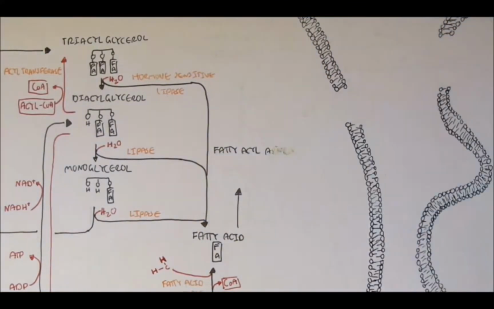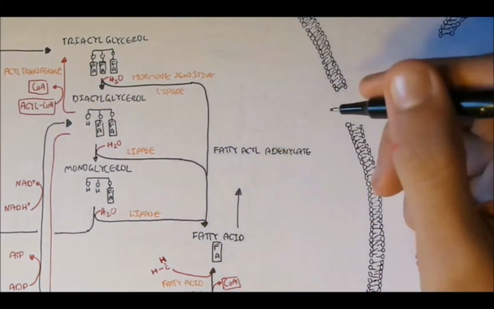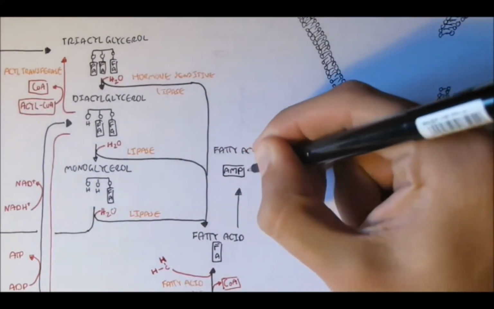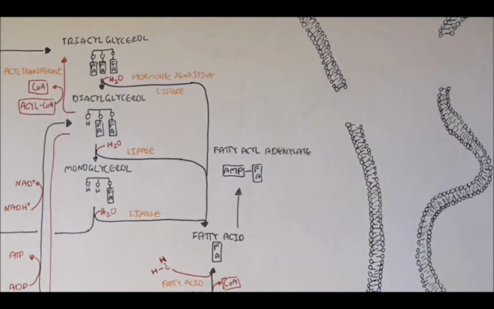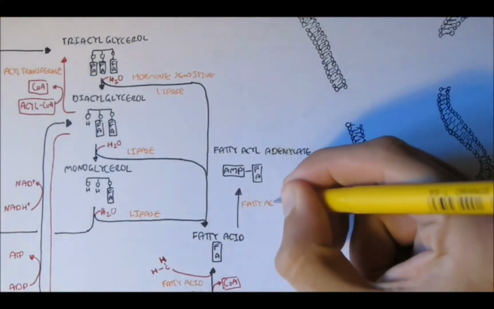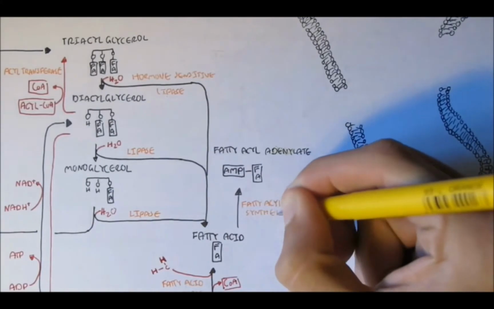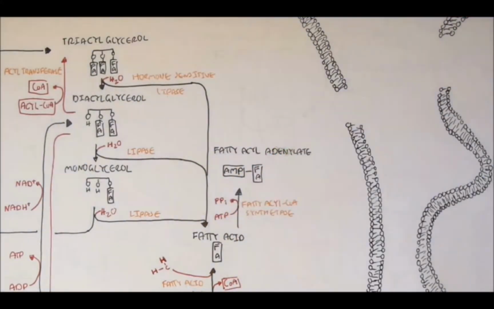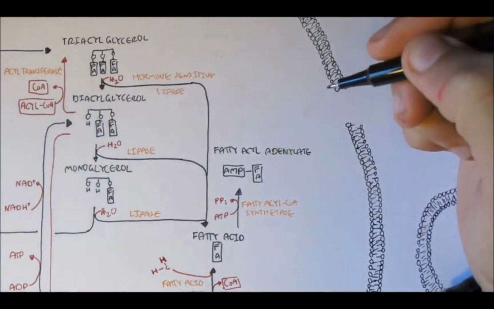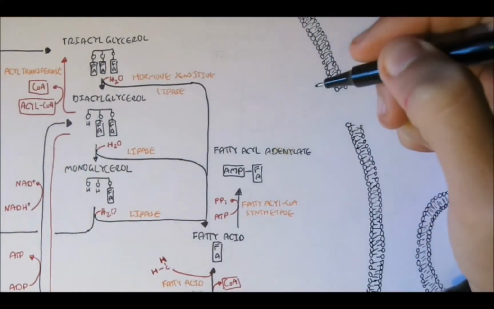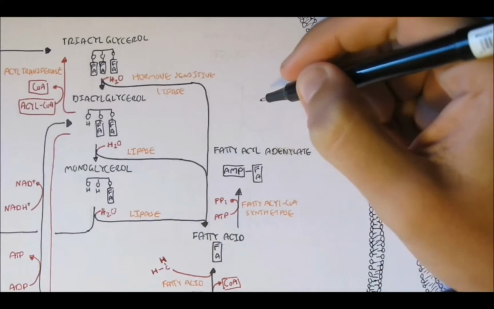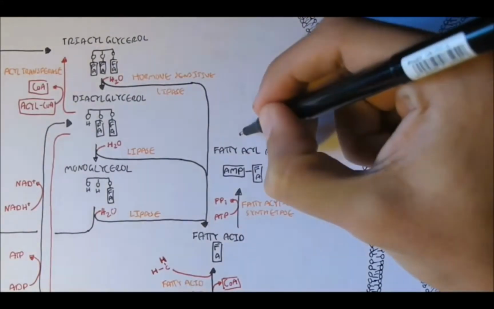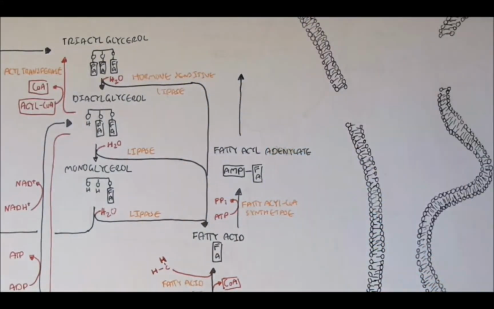So going back to the map, for a fatty acid to be converted to fatty acyl-CoA, it first must convert to fatty acyl adenylate by the enzyme fatty acyl-CoA synthetase. What happens here is that an adenosine monophosphate group from ATP binds with the fatty acid, releasing the two inorganic phosphates.